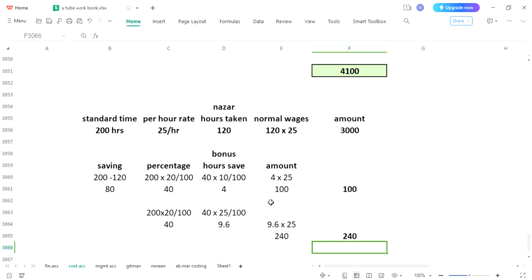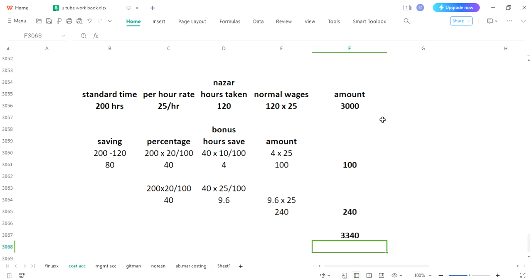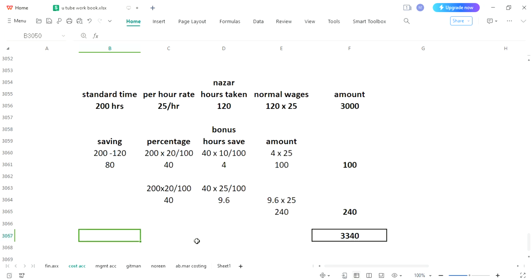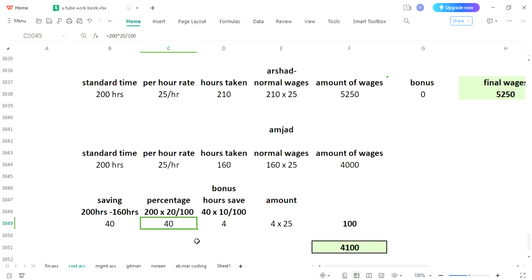You will sum the first normal amount of wages, then add the first bonus 100, then add the second stage bonus 240. In this way you will calculate your total amount of wages for the third worker, 3340, and the answer is 3350. Let me check it.